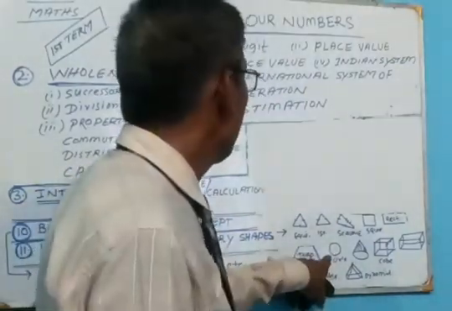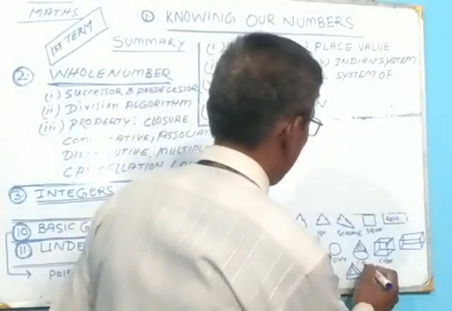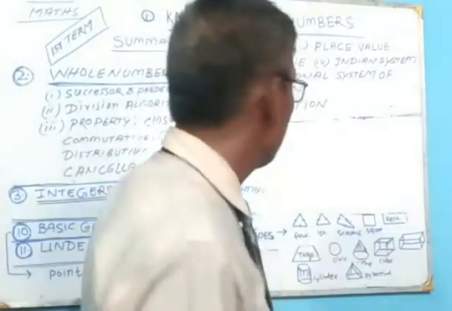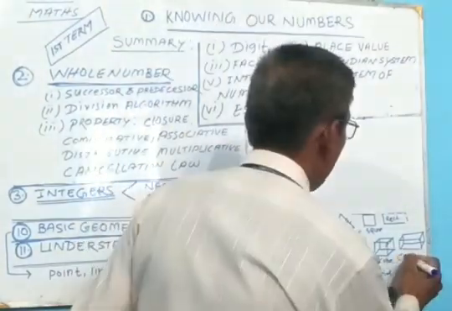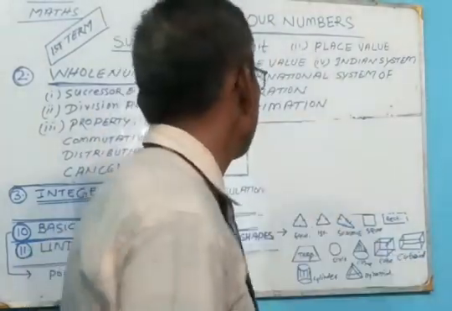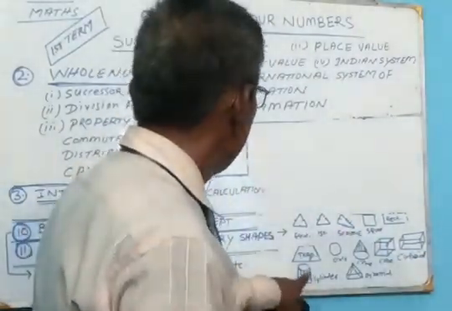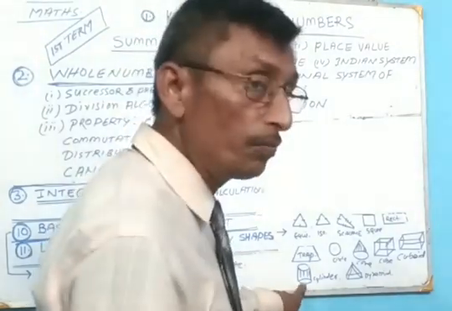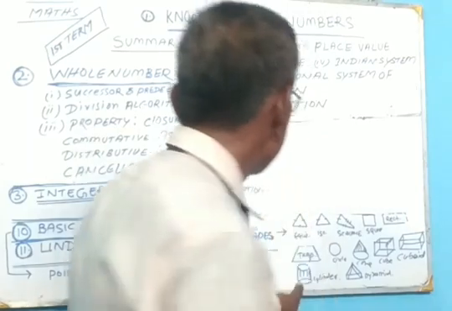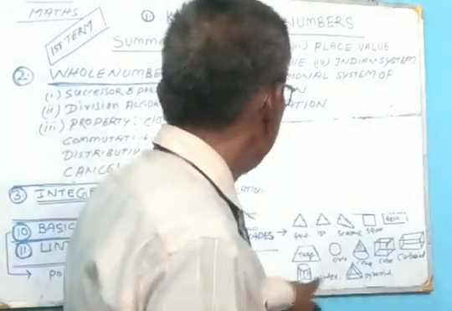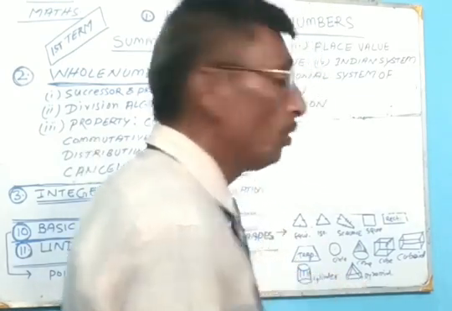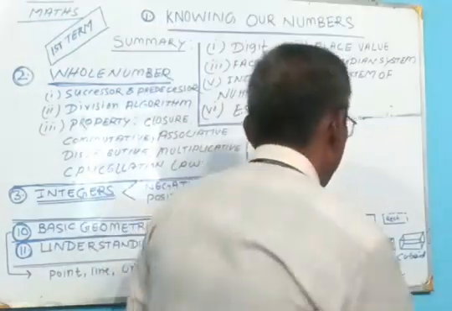That means circle. It is called cone, and it is also called cube. It is called cuboid. And two round shapes with conical shapes are under cylinder, and a triangular shape on a quadrilateral base is called a pyramid.